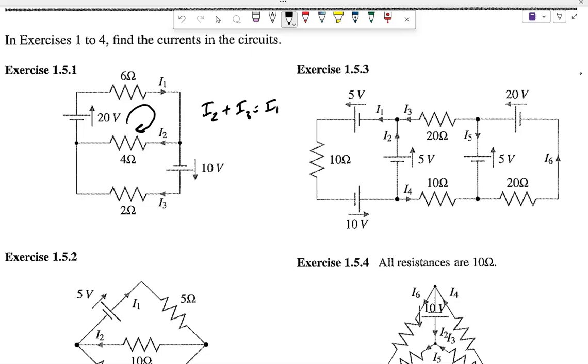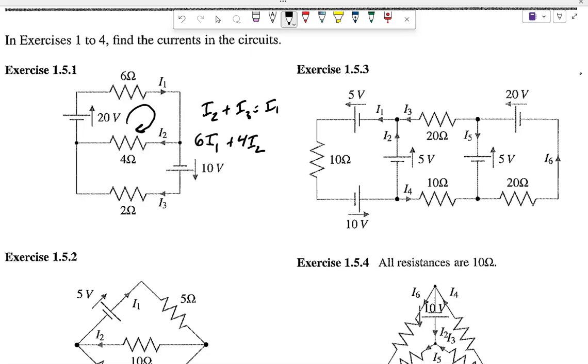All right, so go around this way. I hit this resistor. So the voltage drop there will be 6 times I1, whatever the current is, times the resistance. Coming around the other side, I've got another resistor. I'll have 6 times the I2, or excuse me, 4 times the I2. Those are your voltage drops.